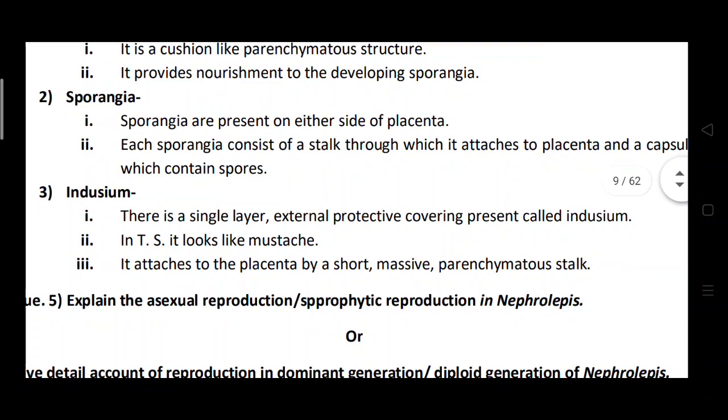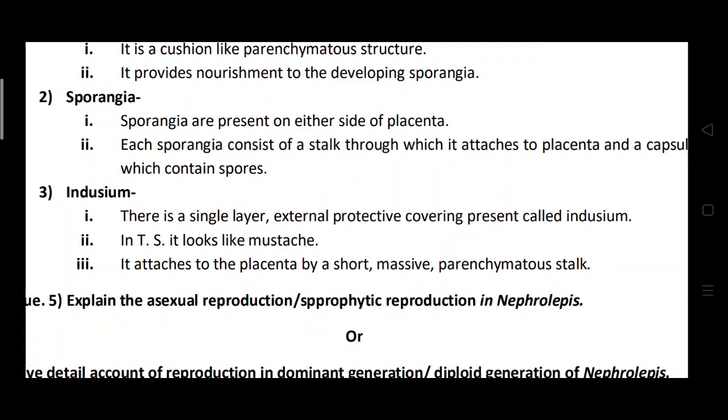Then the next structure is the indusium. This indusium is a single-layer structure and it is an external covering for protection.